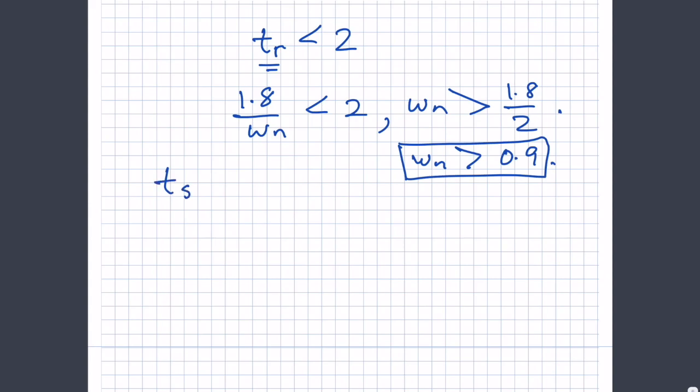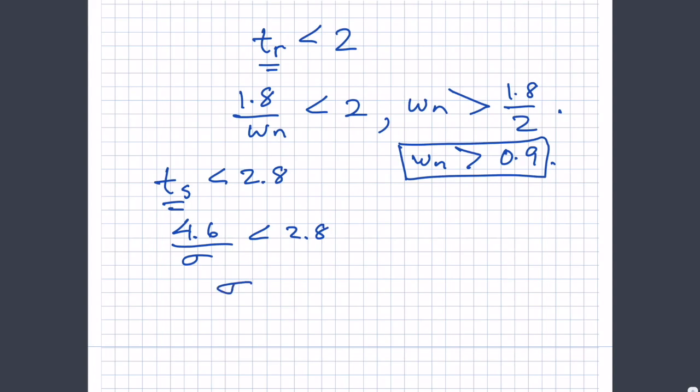Okay, now we do the same thing for settling time. The settling time has to be less than 2.8 seconds. The formula for settling time is 4.6 over sigma. So this gives you a bound on the real part of your S-domain roots. So that has to be less than 2.8.